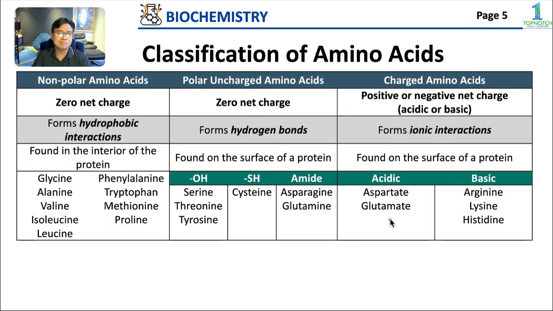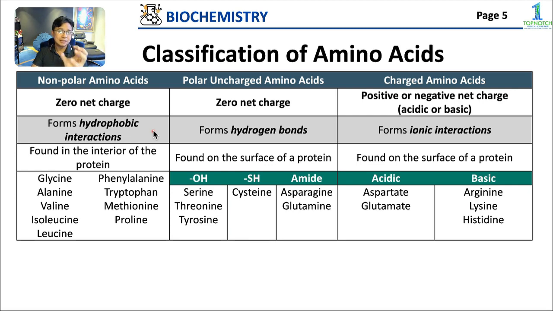Now, amino acids can be generally classified into three major groups: nonpolar amino acids, polar uncharged, and charged amino acids. If nonpolar ka, automatically guys, wala kang net charge. And if you are nonpolar, you are hydrophobic. Takot ka sa tubig. Therefore, you have a tendency to stay inside the interior of the protein.